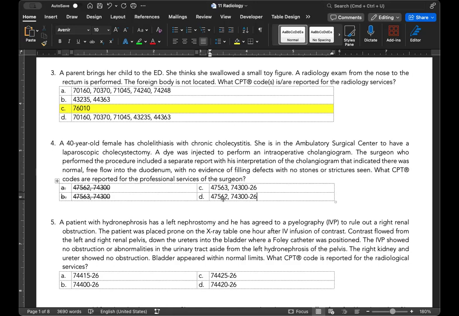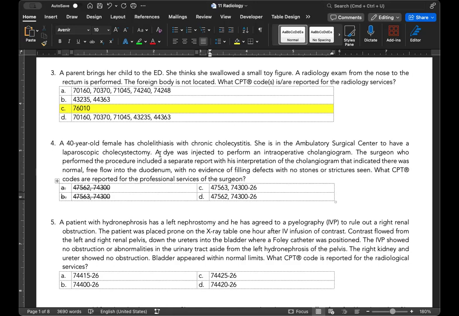Okay. So the difference between our 47562 and our 47563 is that 47562 is for a cholecystectomy only, and then the 47563 is for a cholecystectomy and a cholangiography. So did we perform both of them, or did we only do a single component?